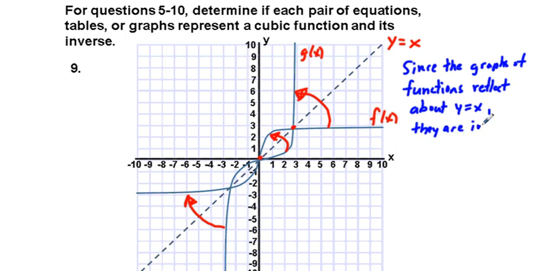And one thing also about these functions, and you can see that for cubic and cube root functions, is that a lot of times they can be functions, and the inverses of them will be functions as long as they're monotonic. That's another piece of vocabulary.